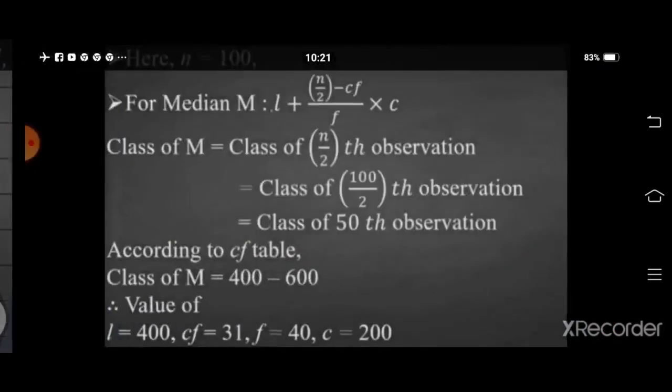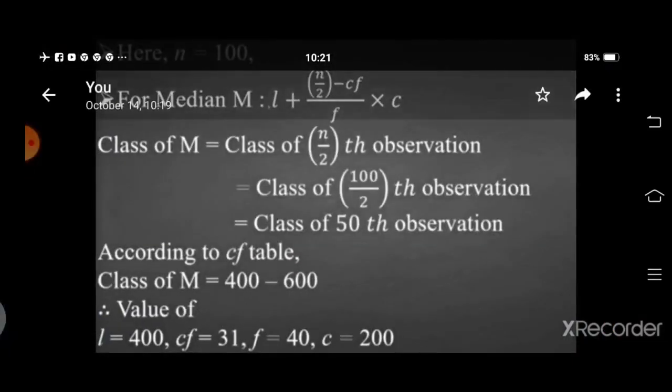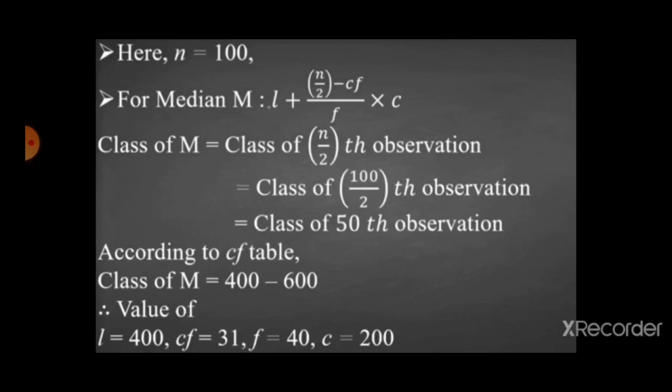Now, n equal to 100, we have to find out here the median. So write down the median formula. First, we have to find out the class of n upon 2th observation. Answer would be class of 50th observation.